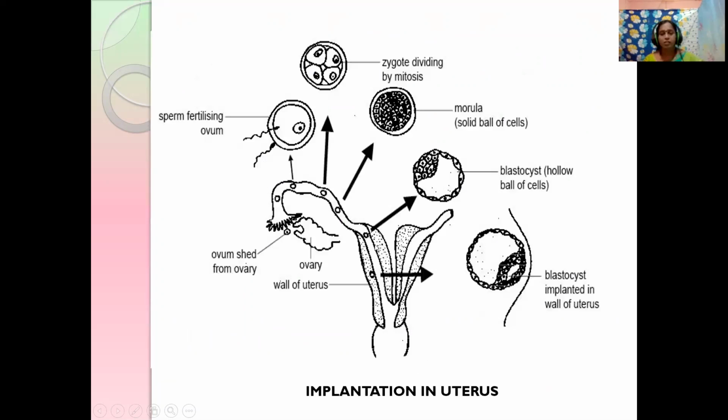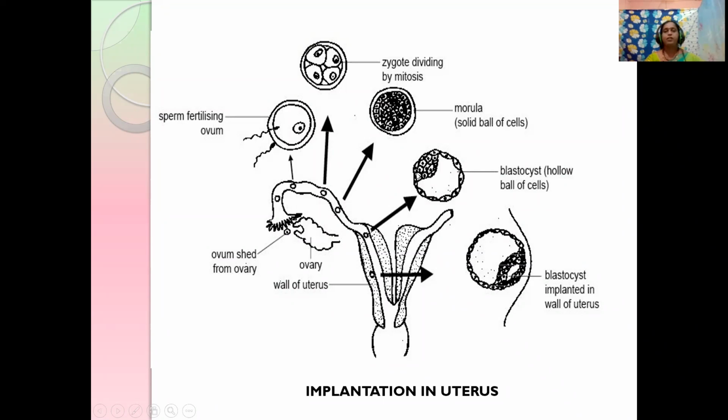Here is the diagram showing implantation in the uterus. The morula occurs in the uterine tube, and the blastocyst gets embedded in the uterus.